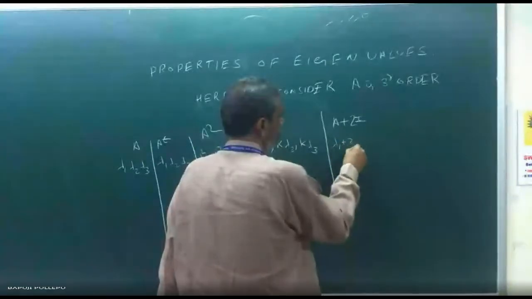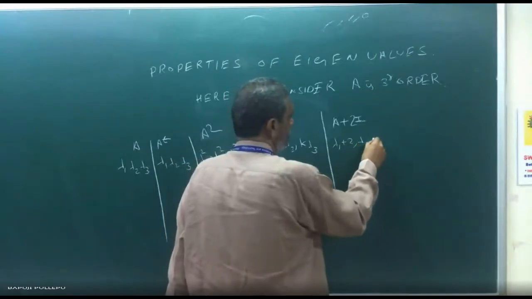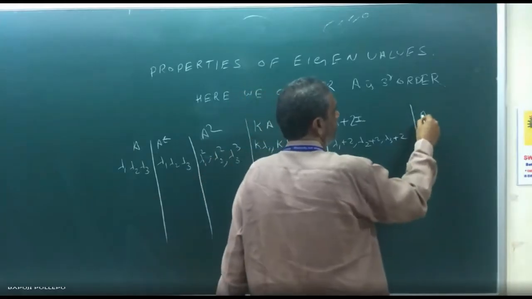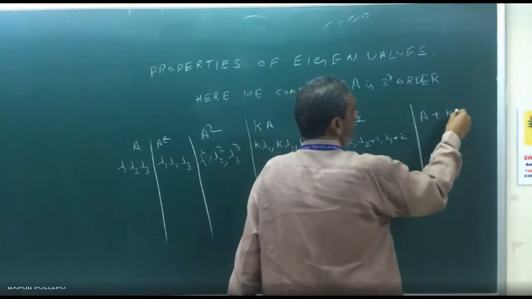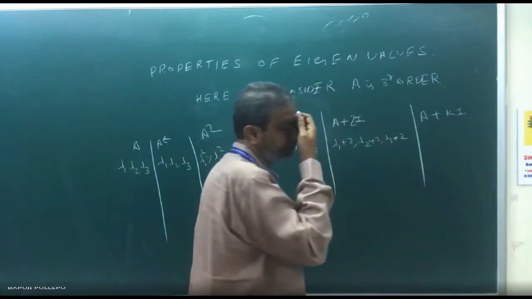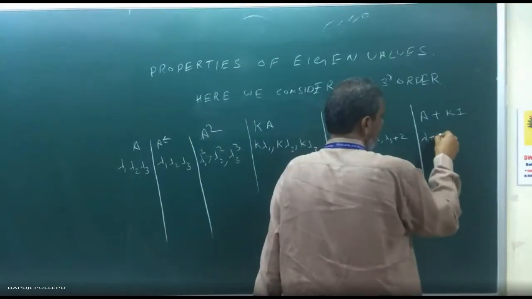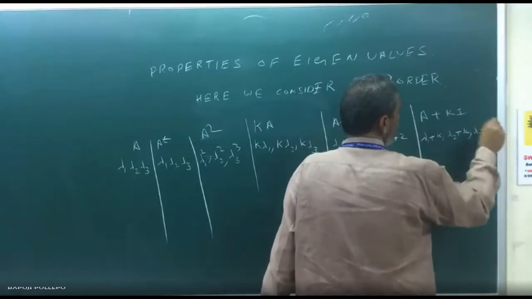Lambda 1 plus 2, lambda 2 plus 2, lambda 3 plus 2. I is a matrix, so I am adding 2 to each eigenvalue only. Suppose A plus kI, what will you get? Lambda 1 plus k, lambda 2 plus k, lambda 3 plus k.